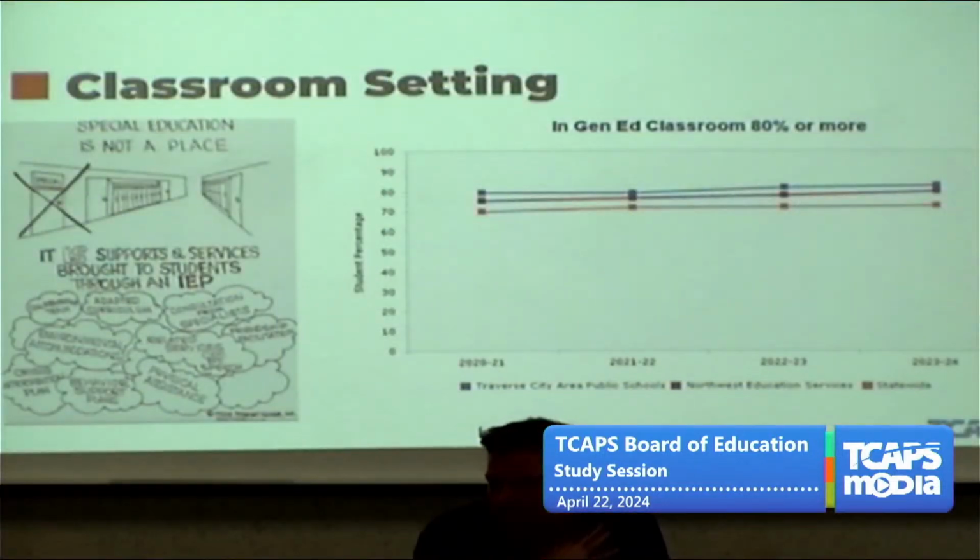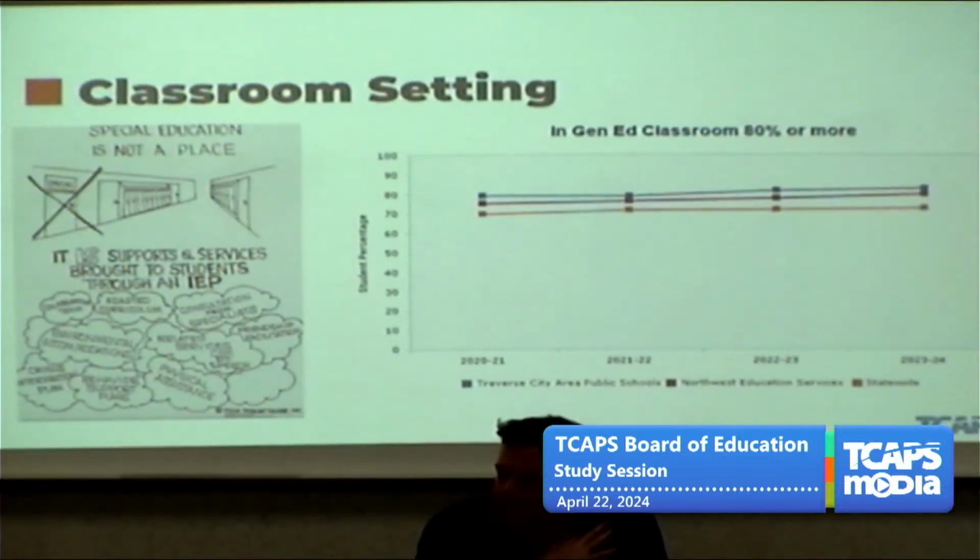It is a continuation of supports and services throughout an IEP. So you're thinking, okay, what kind of consult services can be supported? How can we adapt the curriculum? What are the teams that can come together to support this student? How do we give them physical assistance? It's not a place.